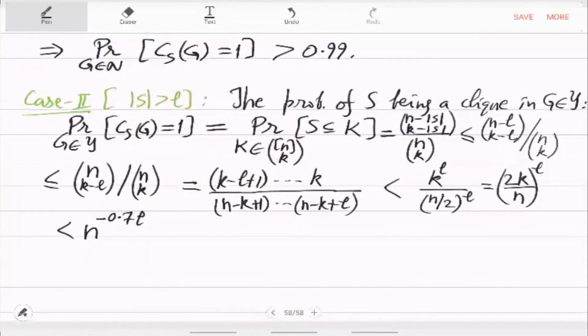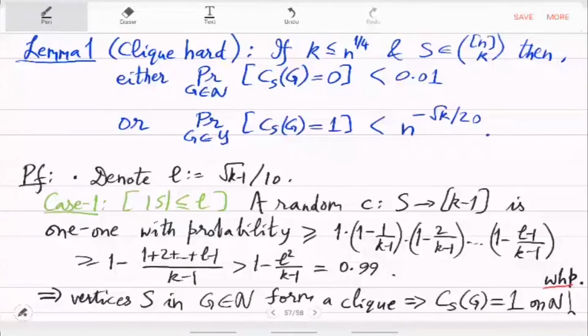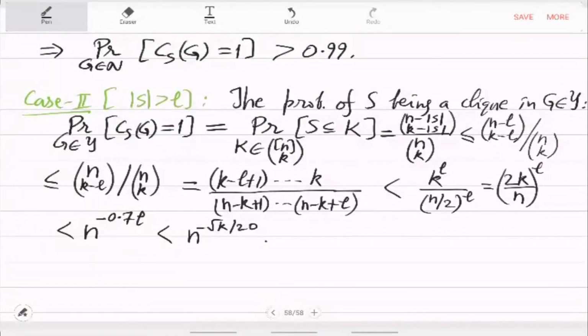So you get smaller than n to the minus root K by 20. Okay, so in case 2 you get the error probability to be very large on yes instances. In case 1 you got error probability to be large on no instances. Okay, and you can see the probabilities match our claim.